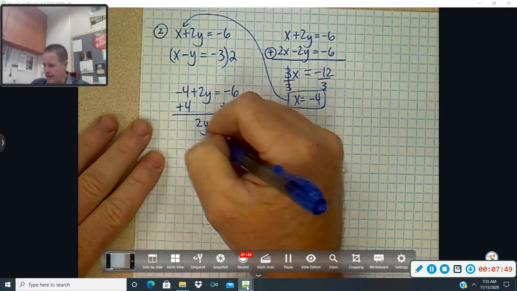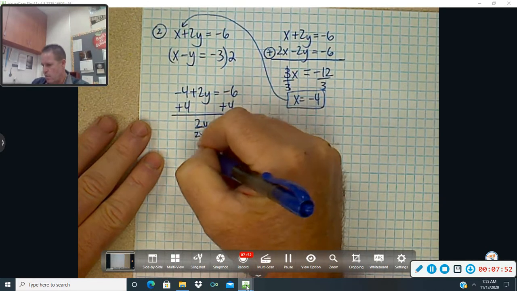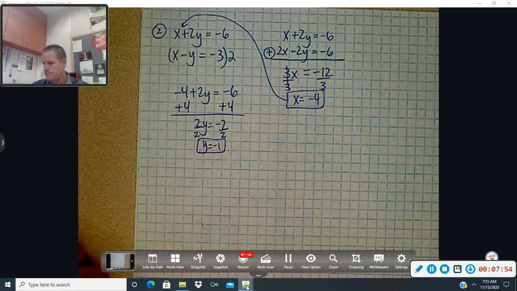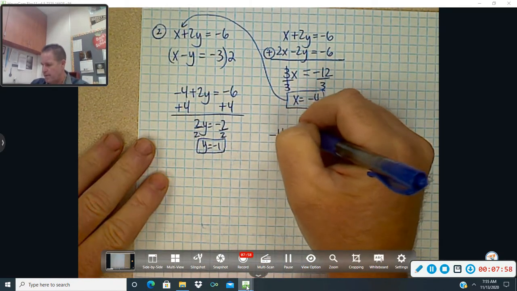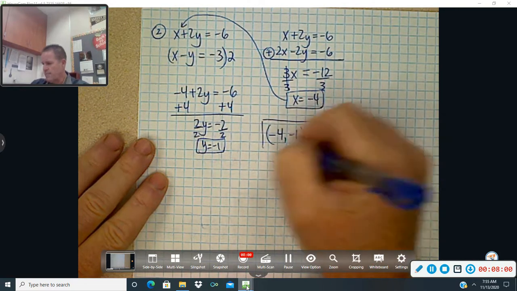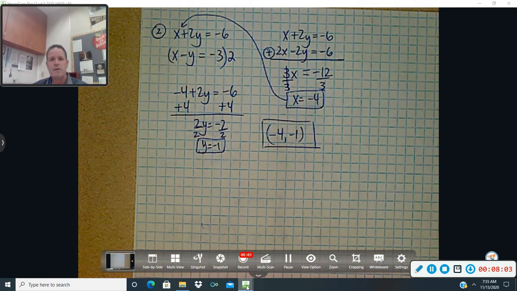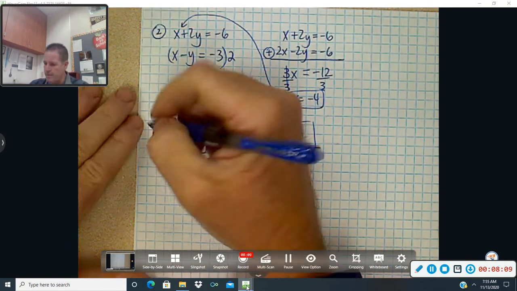I'm going to divide each side by 2 to get y equals negative 1. And so I'm saying these two lines cross at negative 4 comma negative 1. Now I'm fairly confident about that, but I'm going to try to do it by the other methods, see if I get the same answer. Okay, so that was elimination.